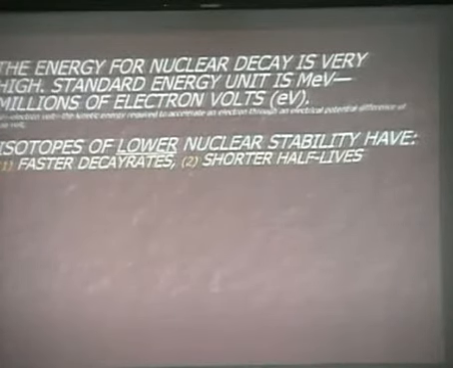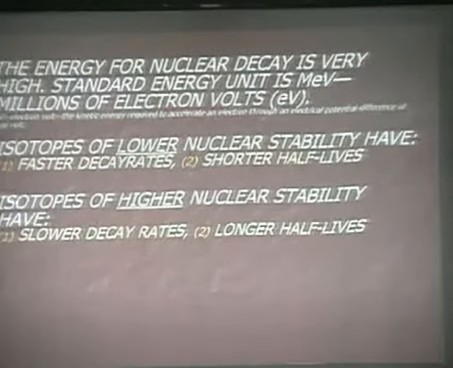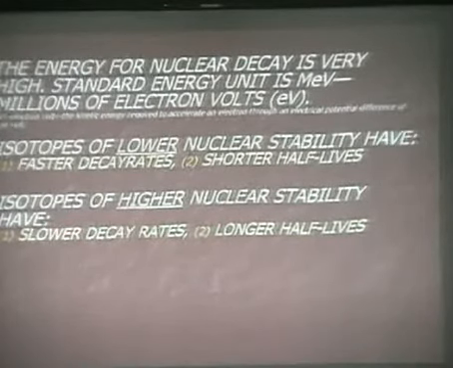That's a testament to the fact that higher energy is right in line with what? Greater decay rate or accelerated decay rate. Second point, isotopes of higher nuclear stability have slower decay rates and, of course, longer half-lives.